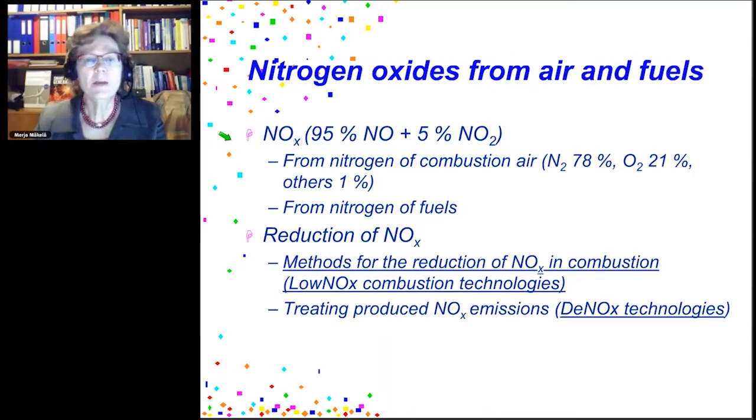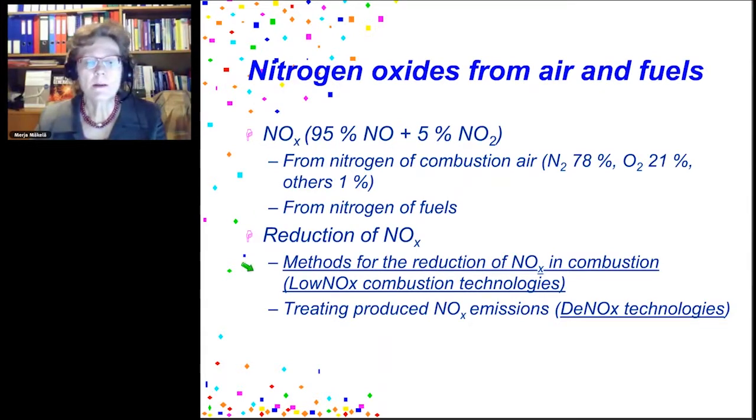We get nitrogen oxides both from air and from fuels. That combustion air contains a lot of nitrogen, about 78%, and 21% oxygen. On the other hand, we get nitrogen from fuels.